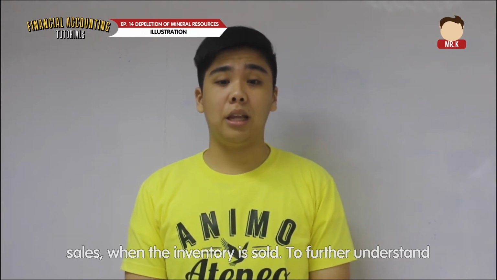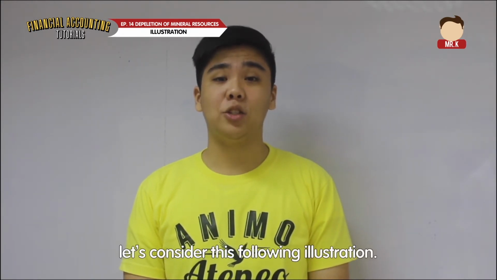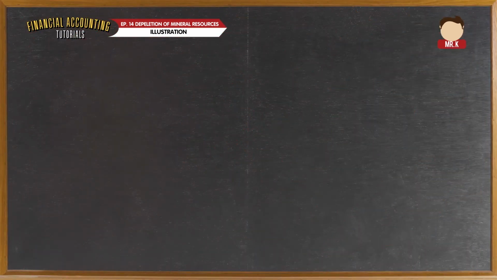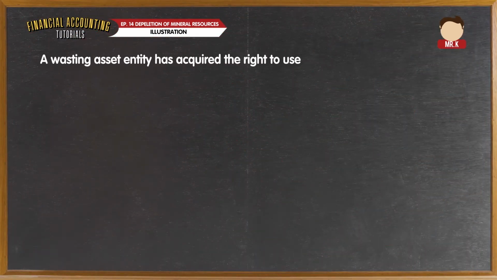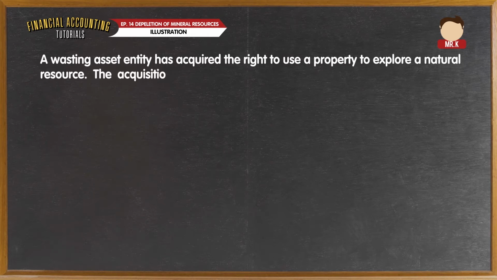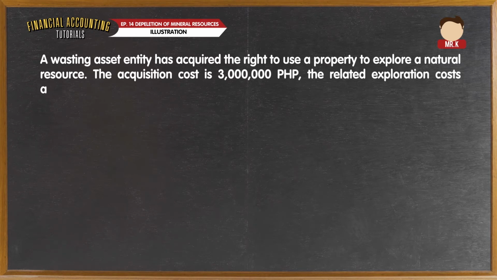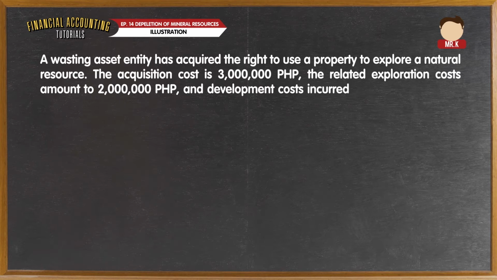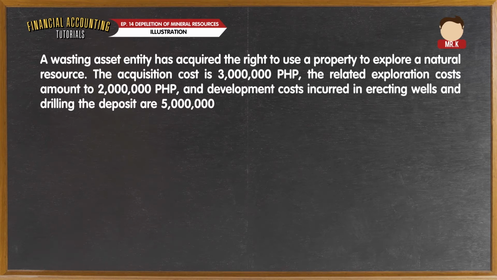To further understand, let's consider the following illustration. A wasting asset entity has acquired the right to use a property to explore a natural resource. The acquisition cost is 3 million pesos. The related exploration costs amount to 2 million pesos, and development costs incurred in erecting wells and drilling the deposit are 5 million pesos.